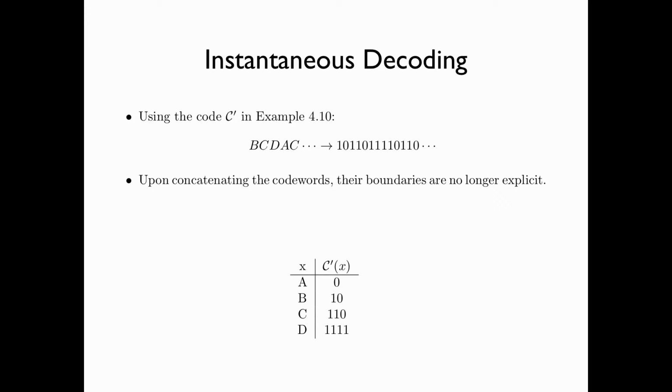Upon concatenating the code words, their boundaries are no longer explicit. That is, from the stream of symbols, we cannot tell the ends of the code words. The stream of coded symbols is then transmitted to the receiver.